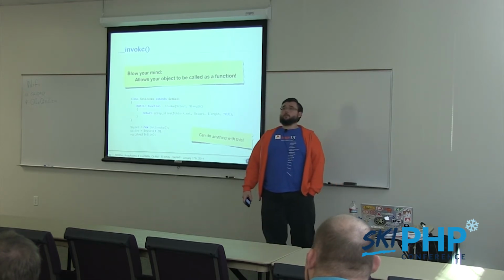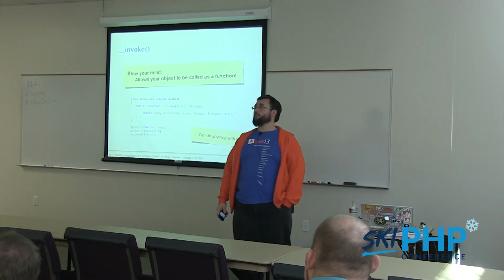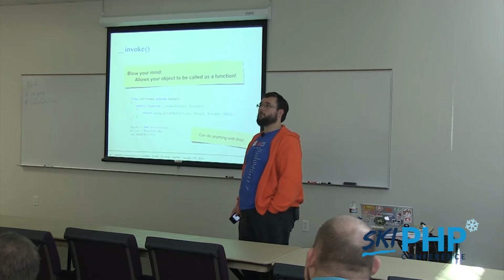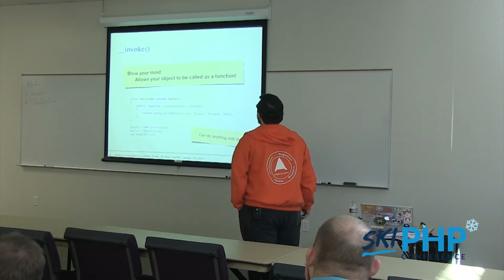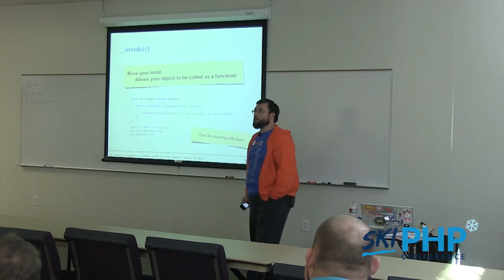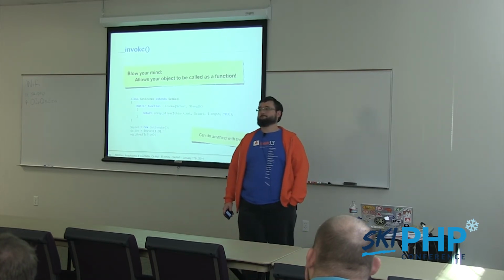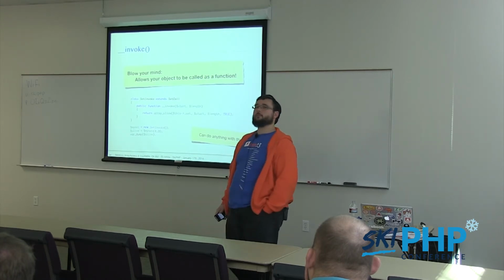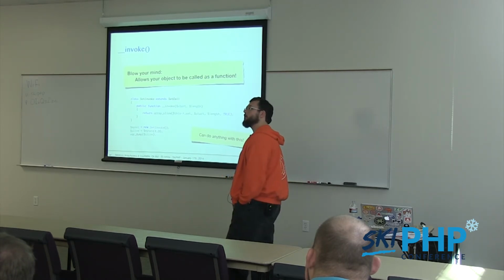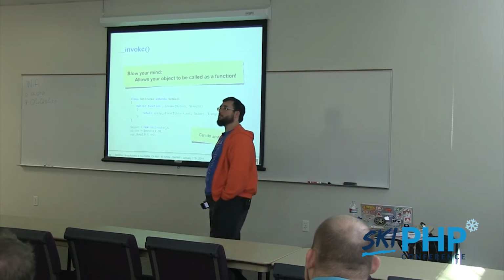__invoke is the weirdest of them all. I've actually seen this used a few times, and every time I see it in practice, it's like, that was an interesting solution you found to that problem. The idea is it allows your object to be treated as a function. So imagine this as declaring __call, but where you never pass in a method name.